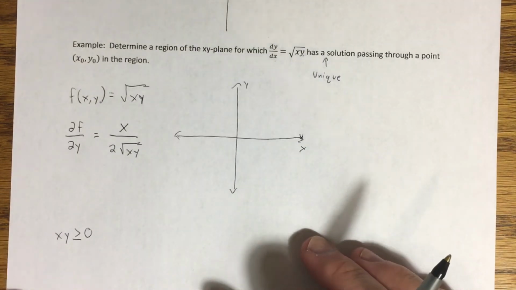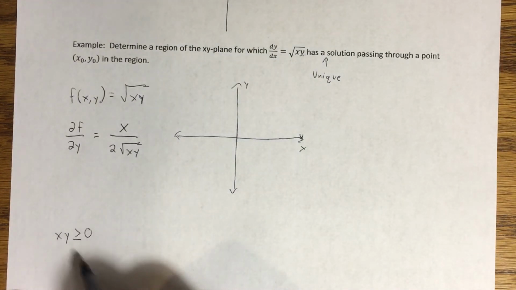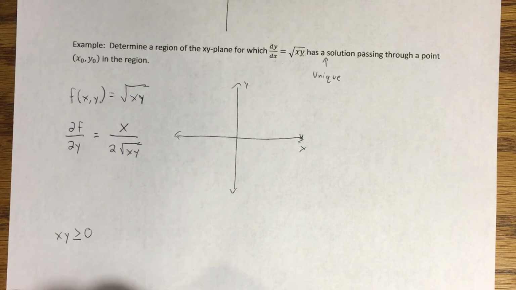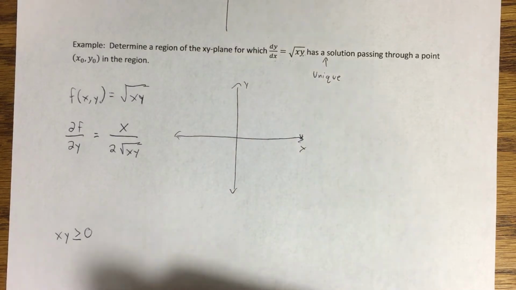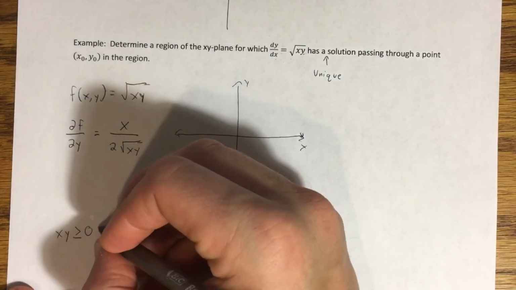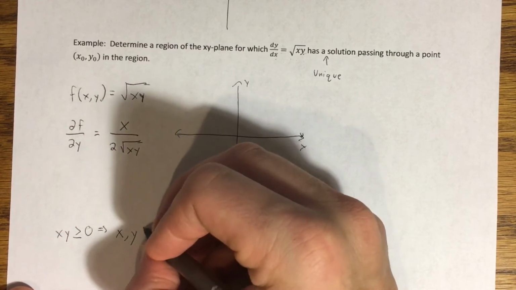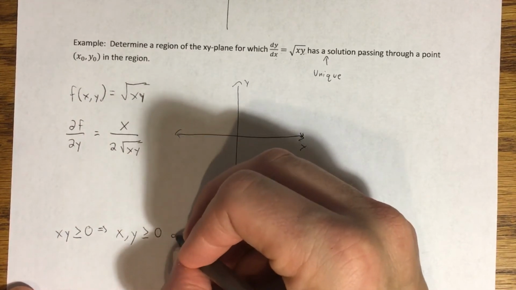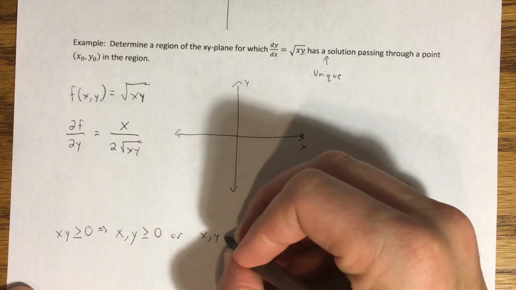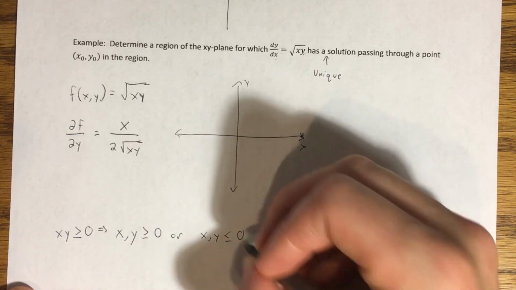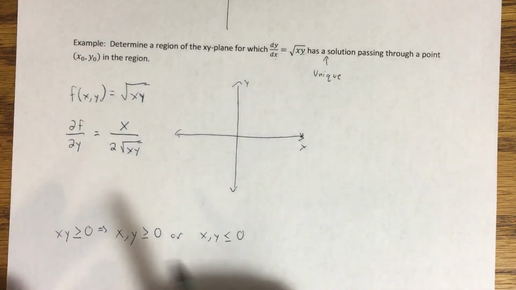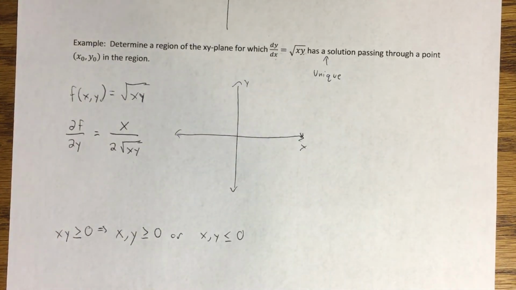Well, that's only going to happen if both x and y are non-negative, or if both x and y are non-positive. So this implies that x and y are both non-negative, or x and y are both simultaneously less than or equal to 0. In that case, their product will come out to a non-negative number.